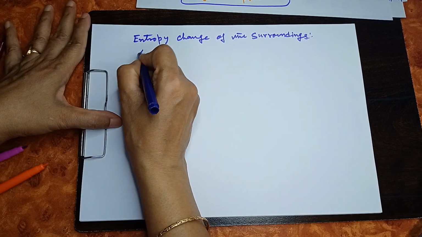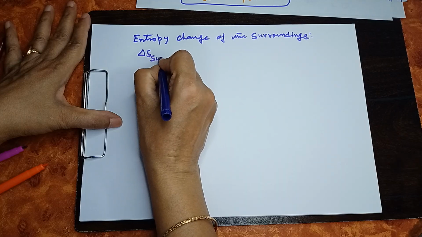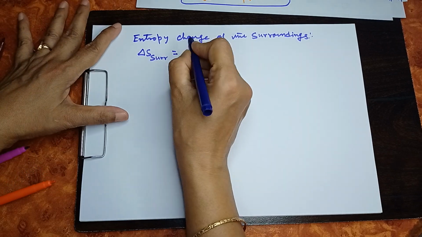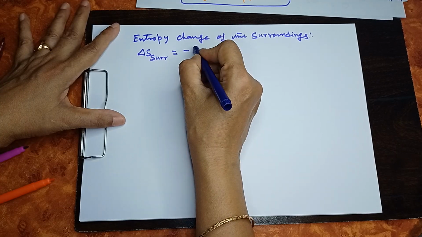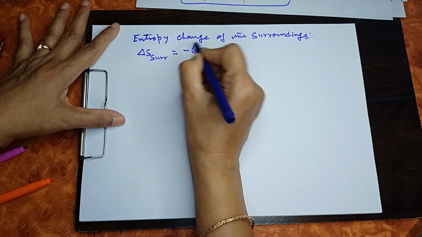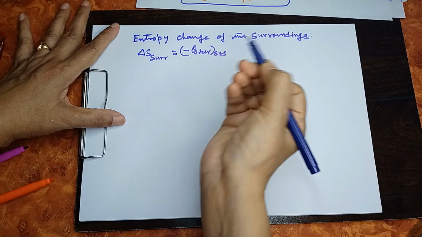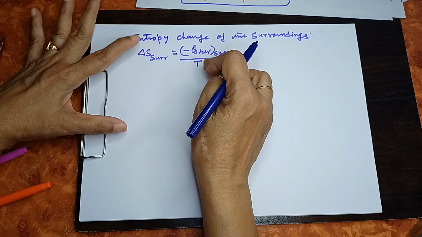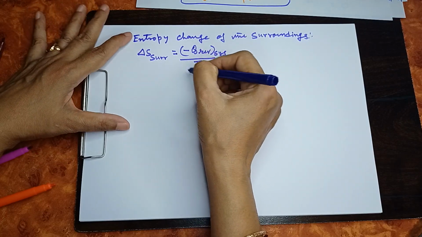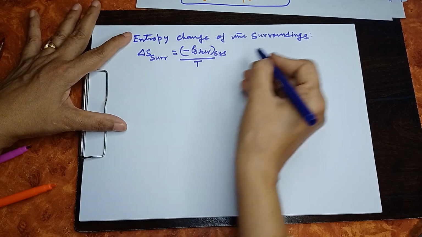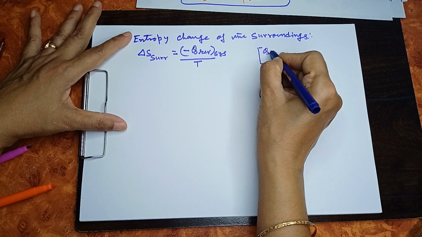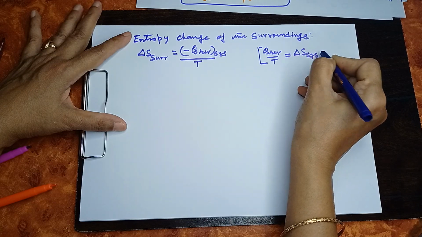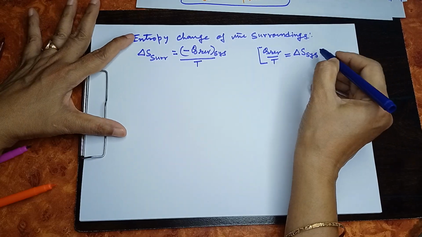I can write delta S surroundings will be equal to minus Q reversible of the system divided by T. Now Q reversible by T of the system means the entropy change of the system, that is delta S system.